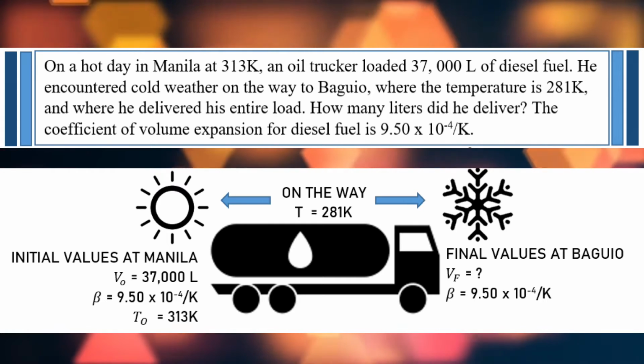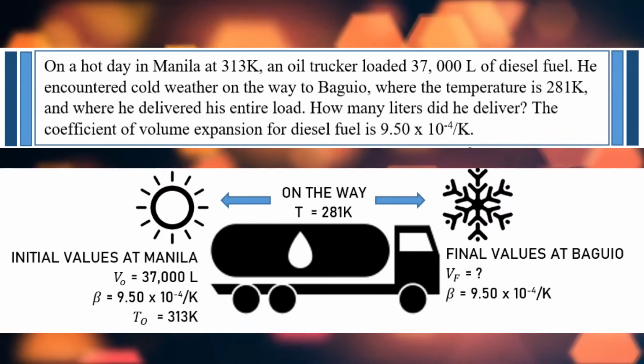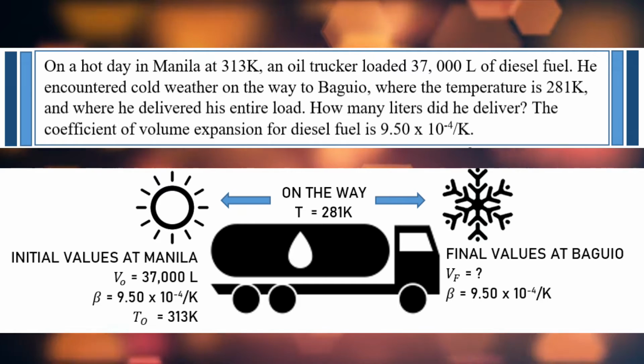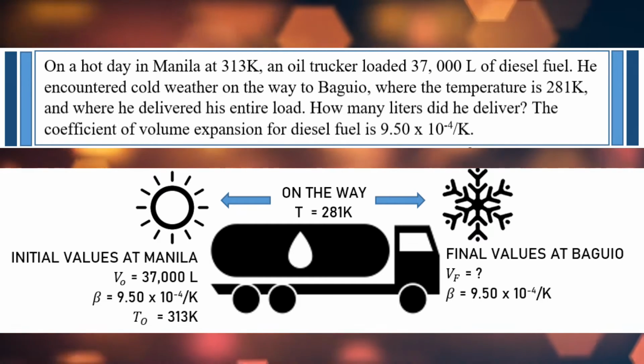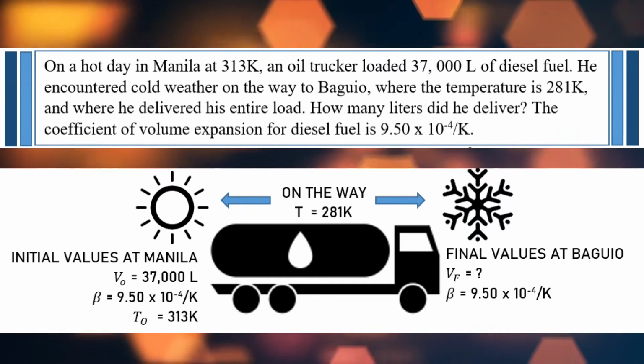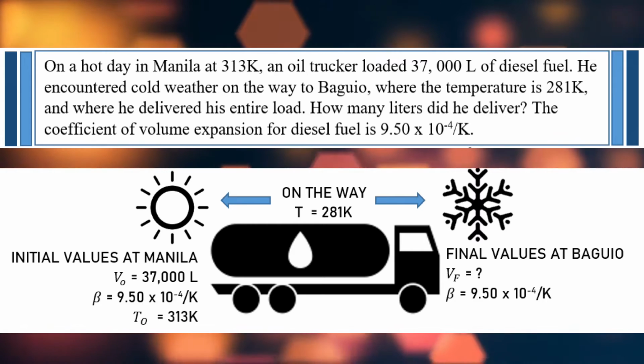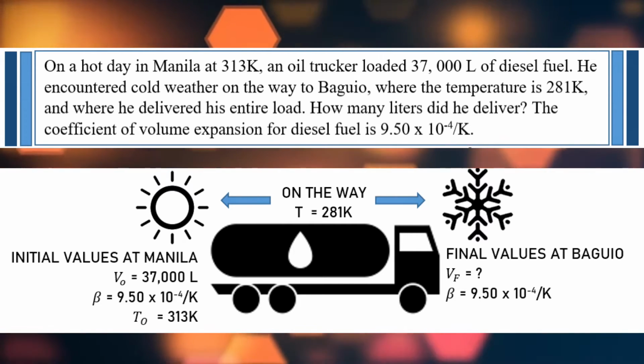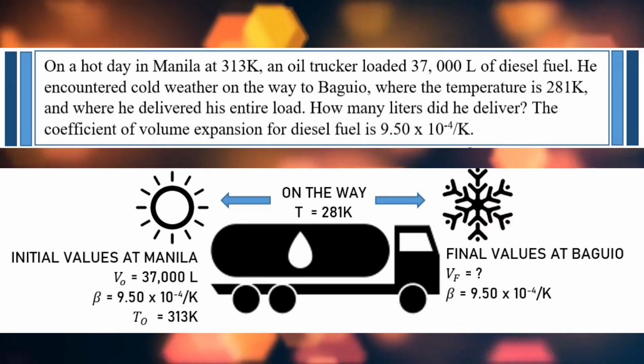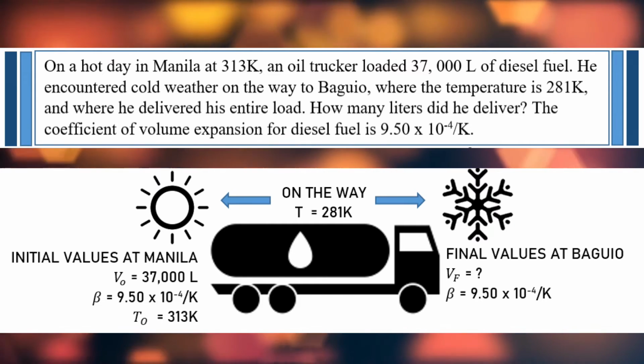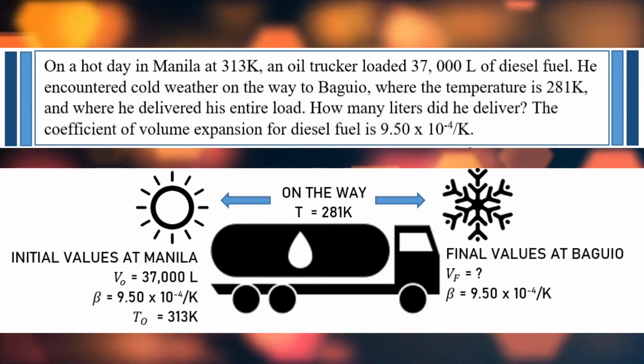Given that you have an initial volume at Manila of 37,000 liters, the coefficient of volume expansion of 9.5 times 10 raised to negative 4, and an initial temperature of 313. On the way to Baguio, you have 281 Kelvin. What is the final volume of the diesel fuel when the truck is already in Baguio?